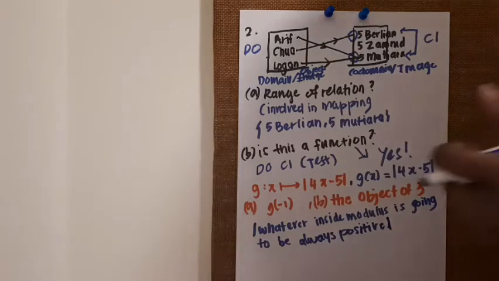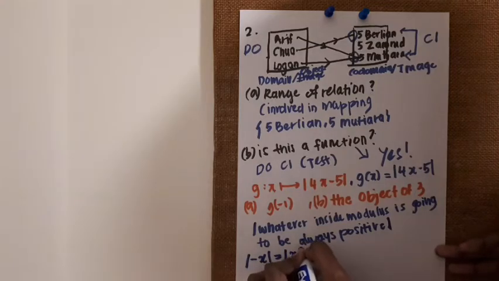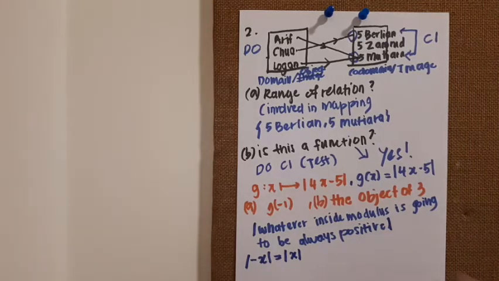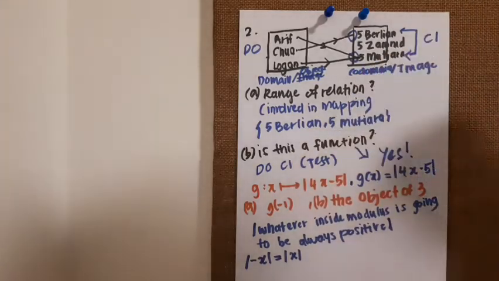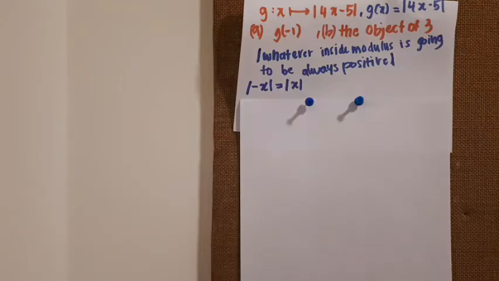Even if you have, let's say, modulus of negative x, this equals modulus of x. So the modulus cancels off the negative value, and whatever you put inside these two straight lines, it's going to give you a positive output, or a positive image, or a positive answer. Okay, and now let's answer the question.